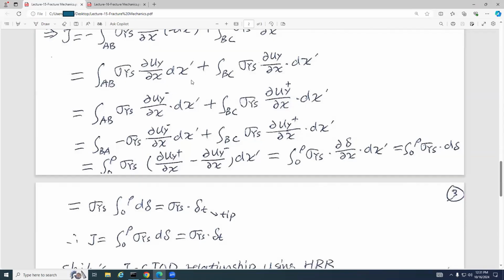Okay, so this is the dx prime. So this is dx prime and dx, and this is d delta. So this guy cancels this, and we can have sigma ys and d delta.